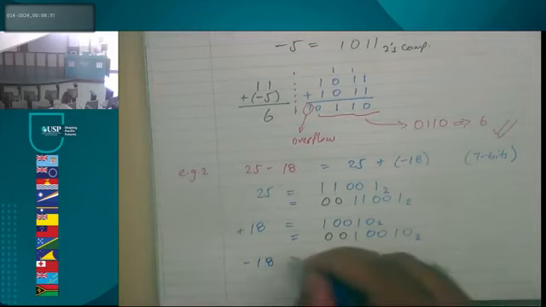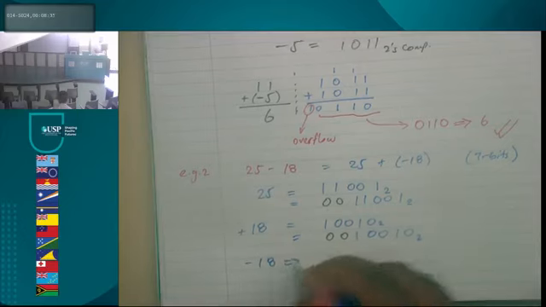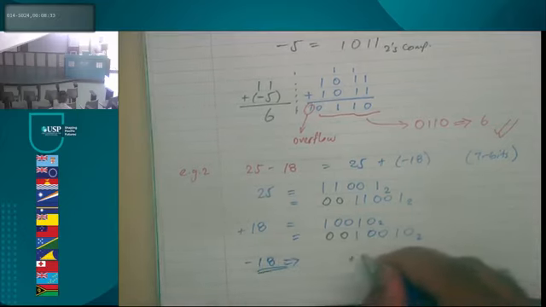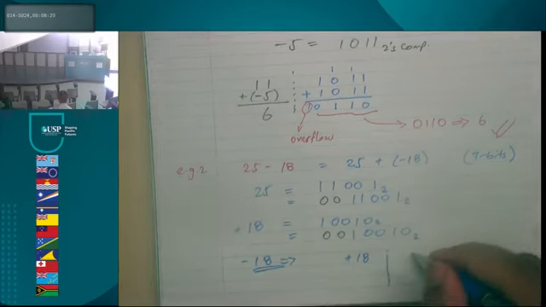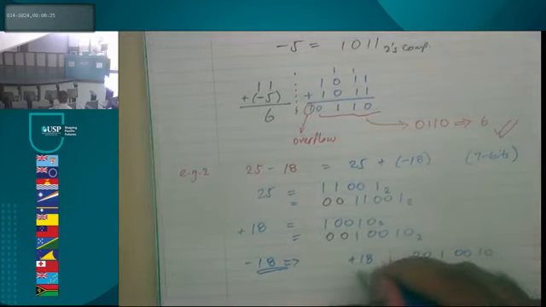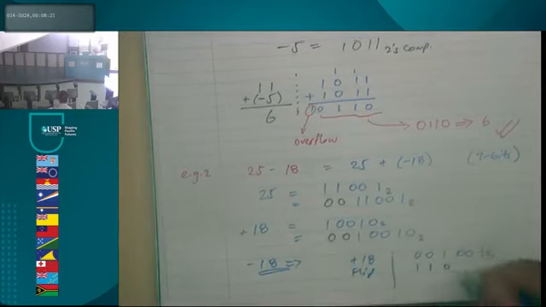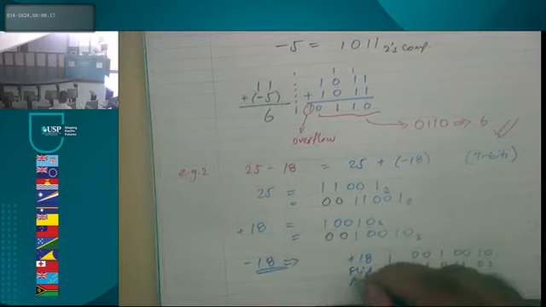Okay. Now, negative 18. For negative 18, you take your positive 18, you have 0010010, you flip, that will become 1101101, then you add 1.